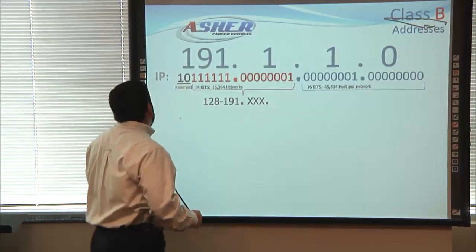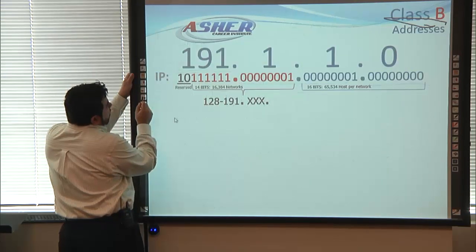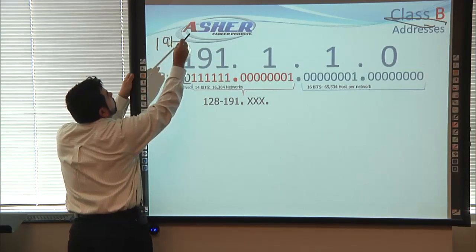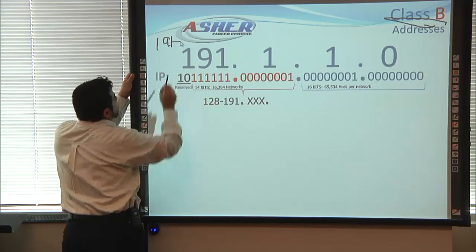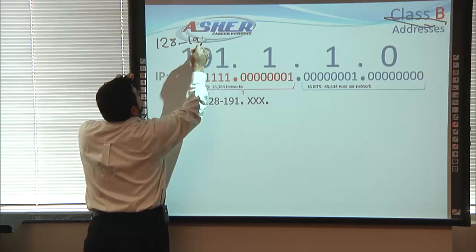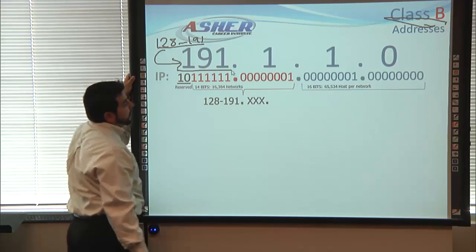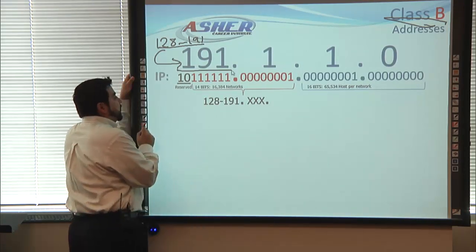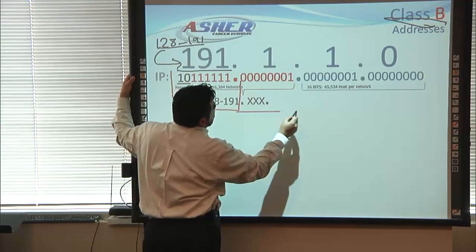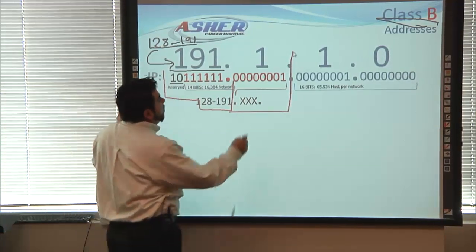In a Class B address, what's the first way that we can identify it? The number range of 128 through 191. If it's within this range, that means this is a Class B address. The second octet is also part of the network, since the first 2 octets are part of the network.